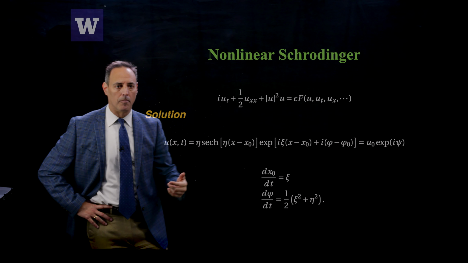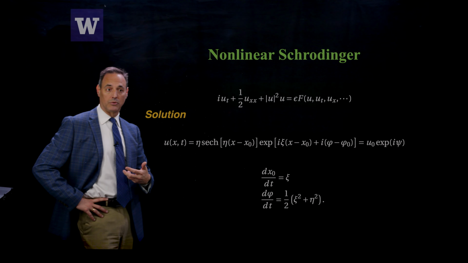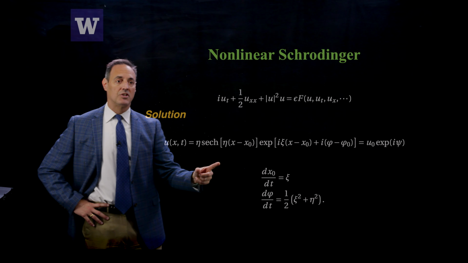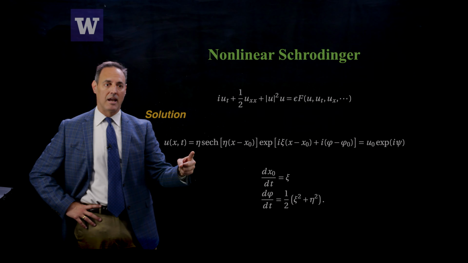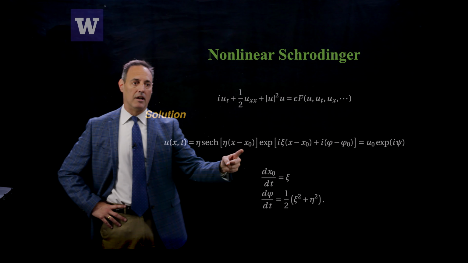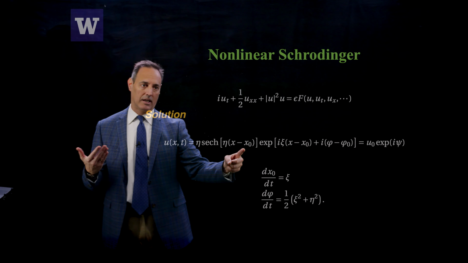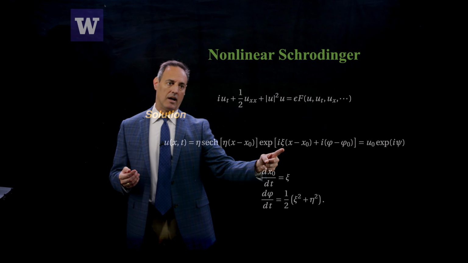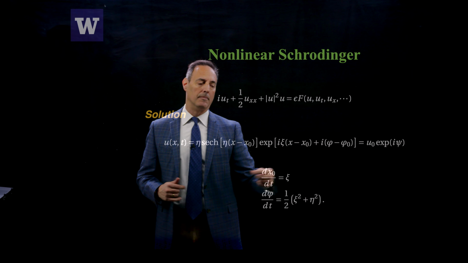So epsilon is small. Now the leading order solutions to this are what are called soliton solutions. There is a soliton solution to this for epsilon equal to 0, which is given by this hyperbolic secant and is parametrized by an amplitude eta, by an offset x naught, which is essentially where the zero point of this thing is, by some phase term, center frequency term xi, and some phase phi naught.